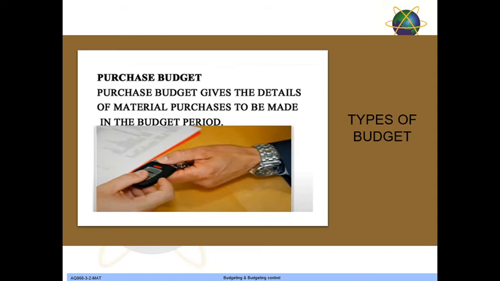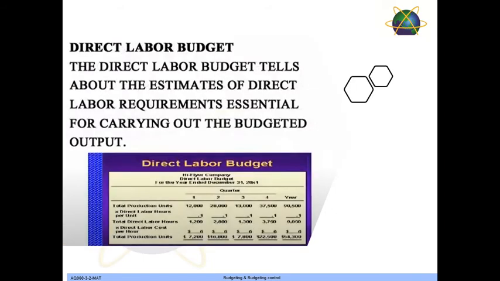Then we go to direct labor. We already know the sales forecast and sales amount, then we identify the production units. From the production units, how many products you want to produce, you identify how much material you need to use to achieve the production.